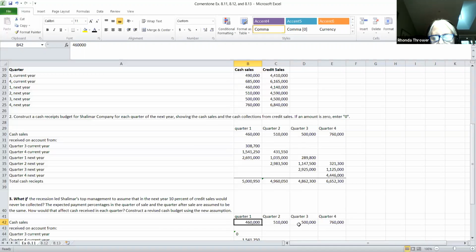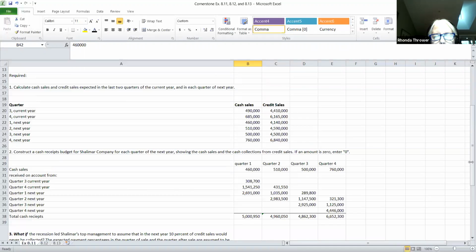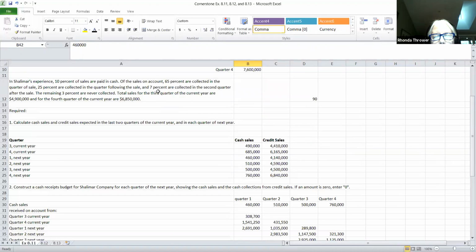It's the same thing, because this is basically the same problem, with the exception of, instead of having 3% uncollectible at the end, 10% are going to be uncollectible. So in other words, it knocked out this 7 and 3% here. So all you had left were 65% and 25%.